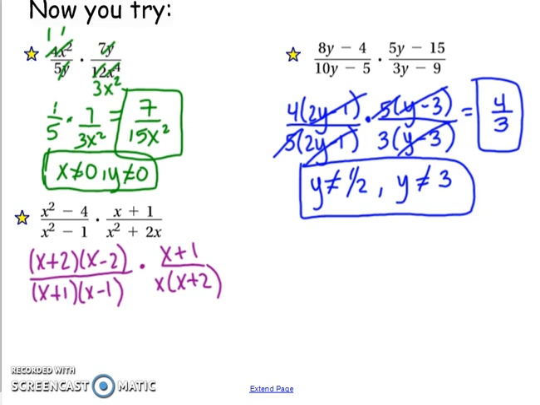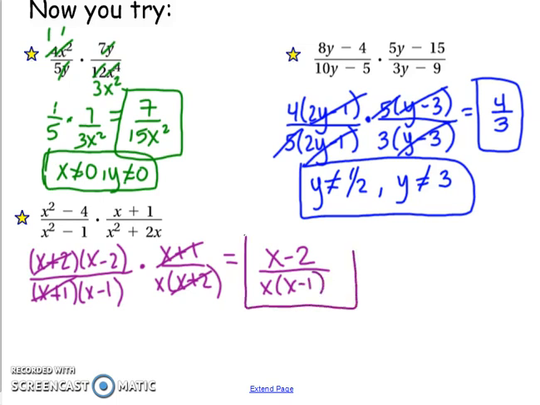So now when we look to cancel things out, we can cancel out this x plus 1, because they're on opposite levels, and I can cancel out the x plus 2's. So what we're left with is an x minus 2 in the numerator, and then we have an x and an x minus 1 in the denominator. So for our restrictions, again, we're taking everything that was in the denominator, even if it was canceled out.